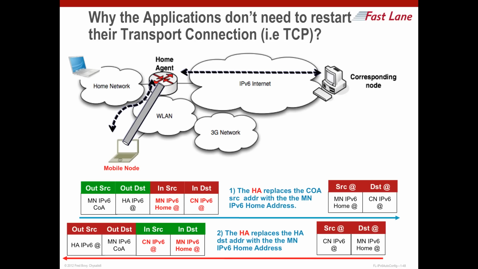So again, for the application, it is transparent. The packet is sent to the node at the address on the home network. So no new session, no new sockets. Everything occurs exactly as if the mobile node was still on the home network.